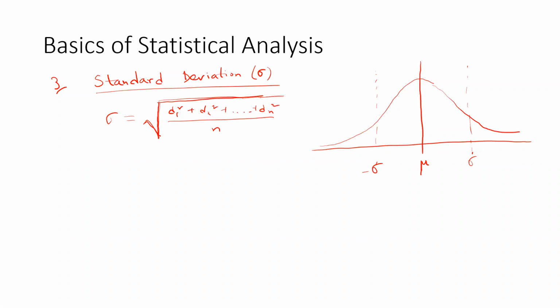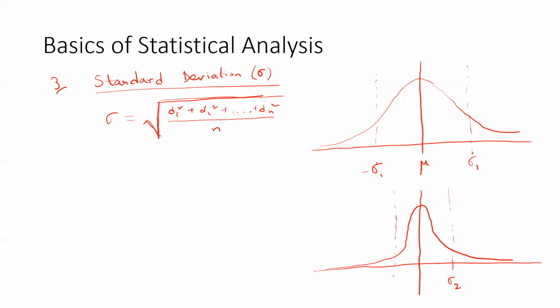Now from this plot you can also have a measure of how spread your data is from the mean. Suppose this is sigma 1, and if I draw another diagram and denote the standard deviation of this one as sigma 2, from these two graphs you can easily see that sigma 1 is greater than sigma 2.